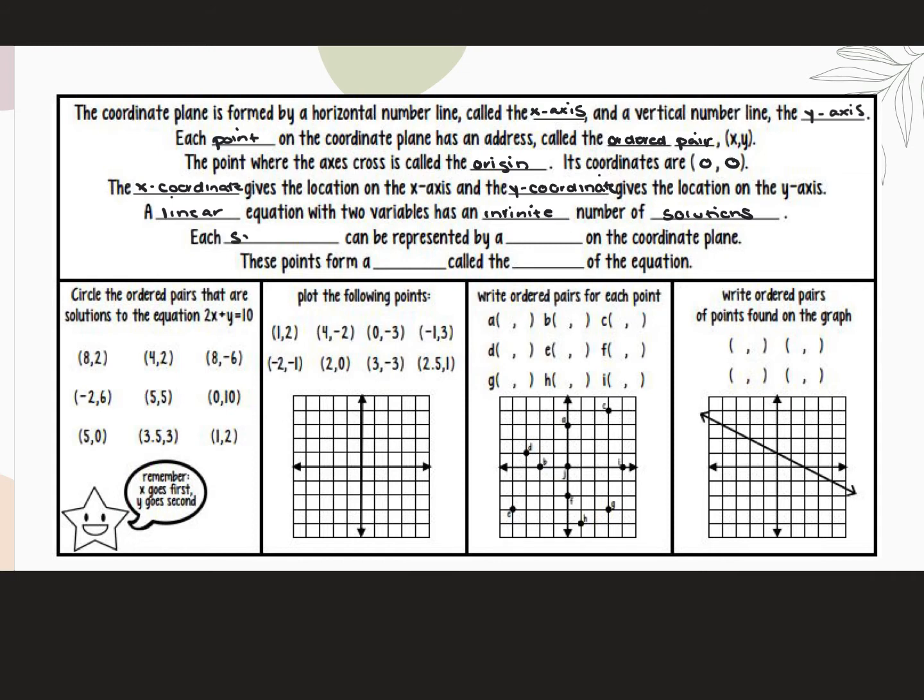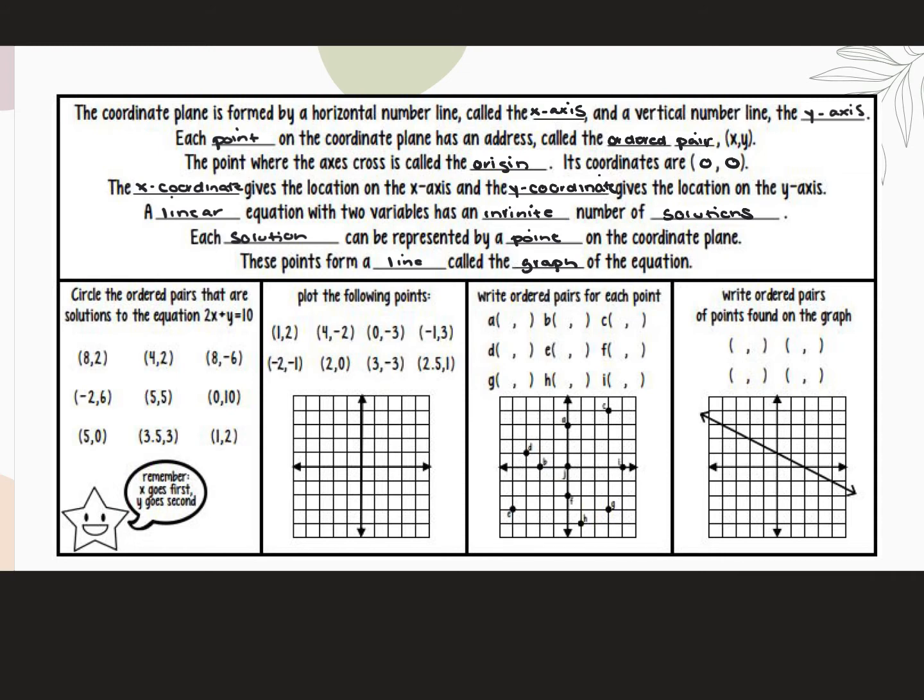Each solution can be represented by a point on the coordinate plane. Those points form a line called the graph. So remember, as we were talking about slope, I was distinguishing between the coordinate plane and the graph. So the graph is actually the line that you plot. The coordinate plane is your grid.